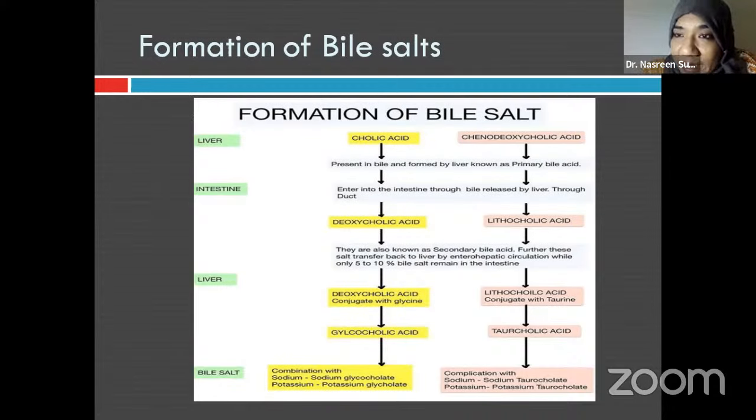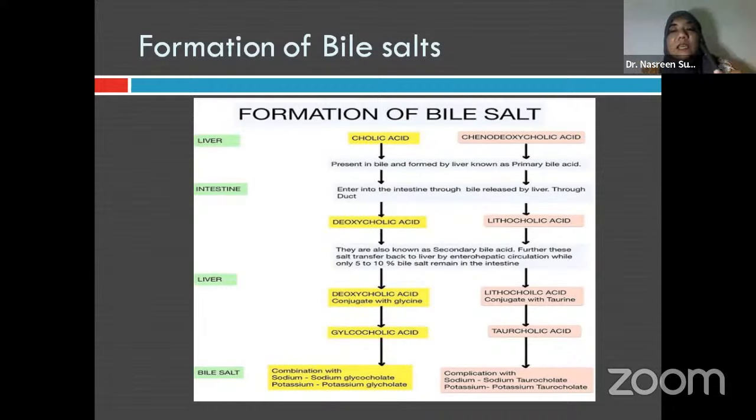Now, after they go into the intestine, they are going to undergo enterohepatic circulation. What do you mean by enterohepatic circulation? Entero means GIT. Hepatic means liver. So, what did I say? The liver will release bile into the intestine.